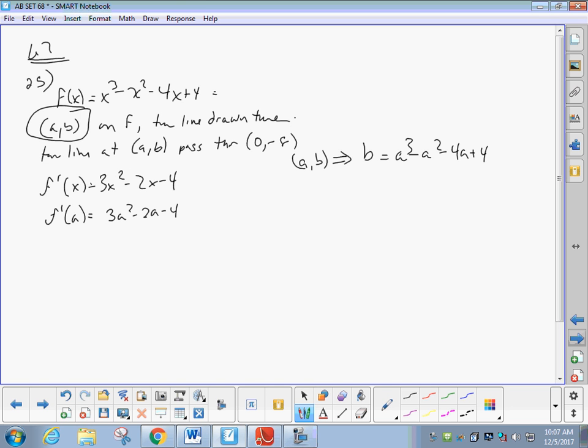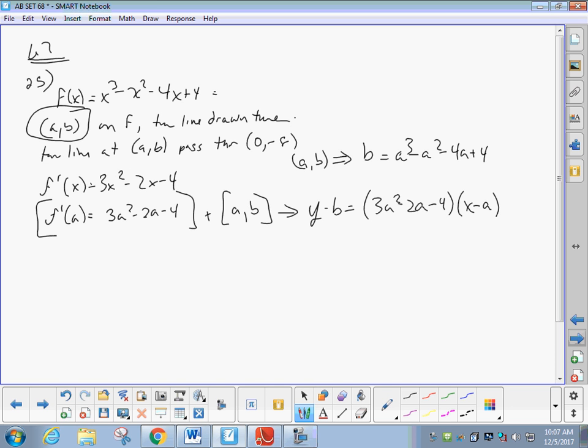I like the derivative, especially working with that in conjunction with the point to get a tangent line. If I put those two facts together, I get a tangent line of y minus b equals 3a squared minus 2a minus 4 times x minus a.